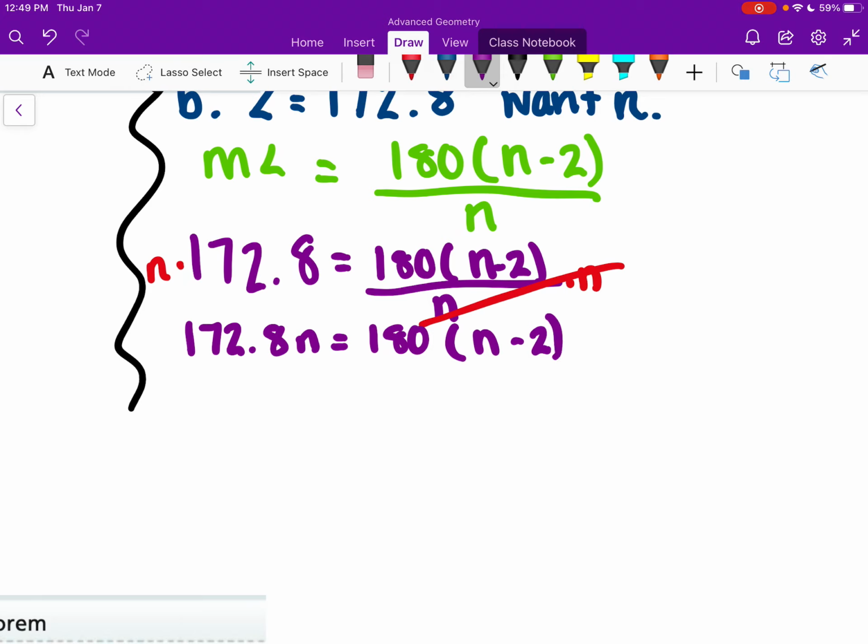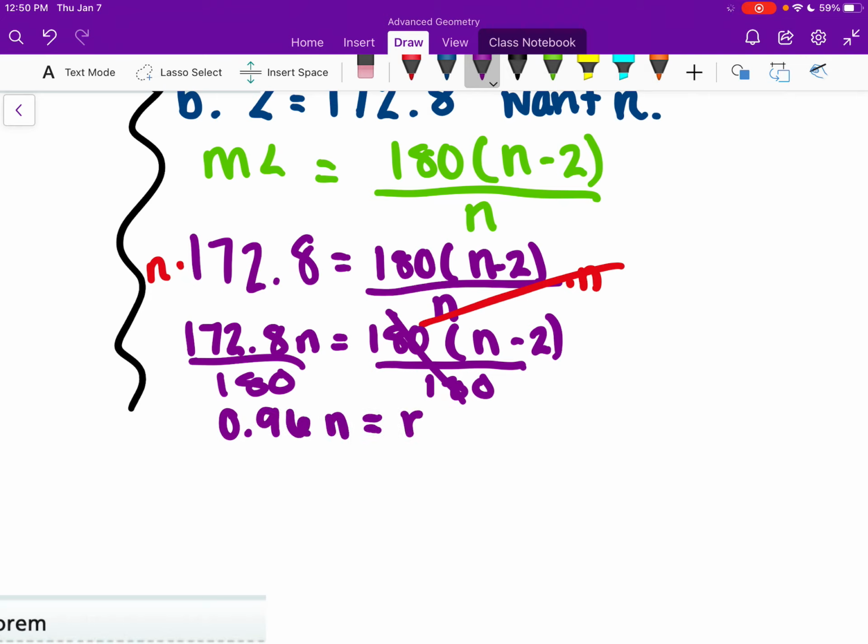You could distribute that 180, or since it's the only thing on that side and it's being multiplied, we can divide by it. So I'm going to show you guys that way. You can divide both sides by 180. And 172.8 divided by 180 is 0.96 n equals, and now all that's left is that n minus 2.